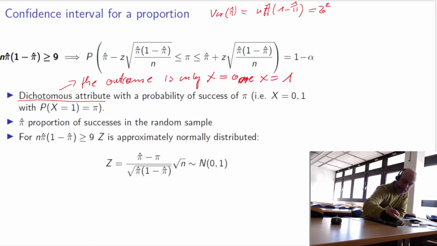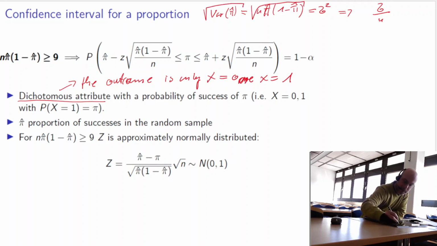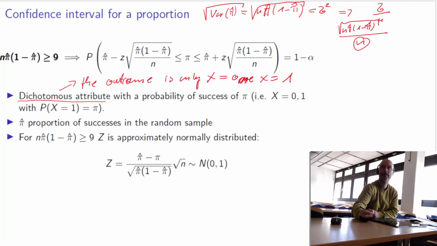And what we need, this is sigma squared. And what we need is the standard deviation of the mean. So sigma over n. So we have to take here the square root and here also. And then you have the square root of n p hat times 1 minus p hat over n.